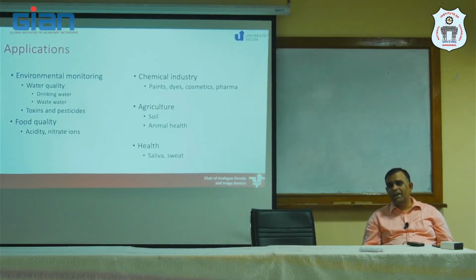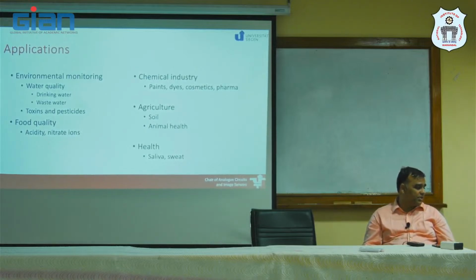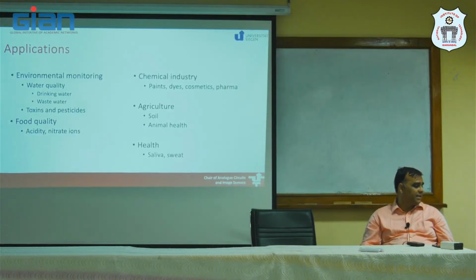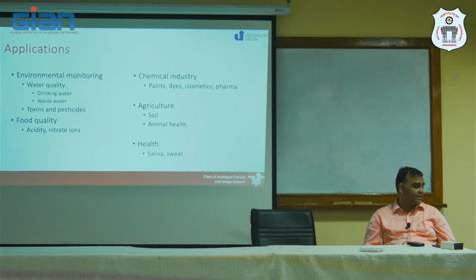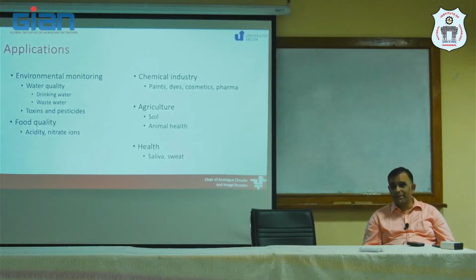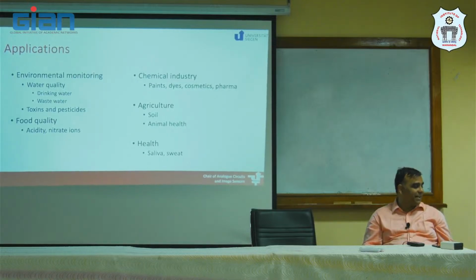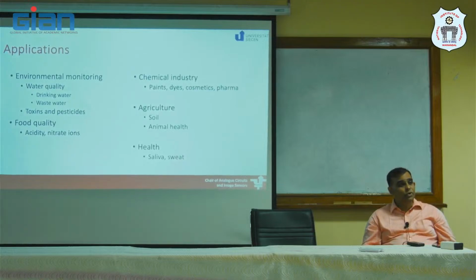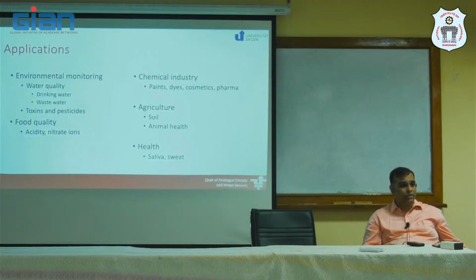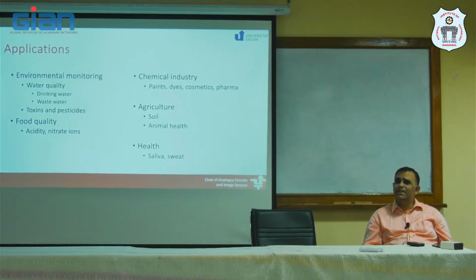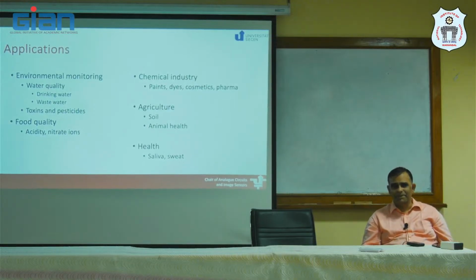It has also been applied in monitoring environmental conditions, things like drinking water conditions, toxins, pesticides, measuring food quality, things like acidity of the food, nitrates, ions in the food. Applied in the chemical industry to look at paints, dyes. pH of soil is very vital for identifying the quality of the crop which will grow. So soil measurement sensors have also been built with this, and so have saliva measurement sensors.